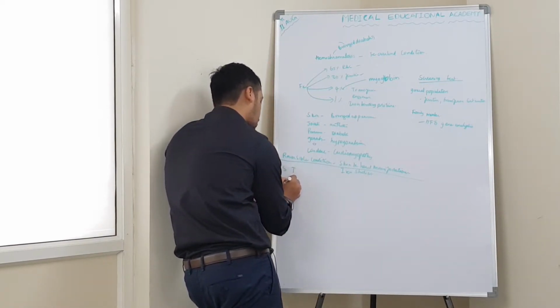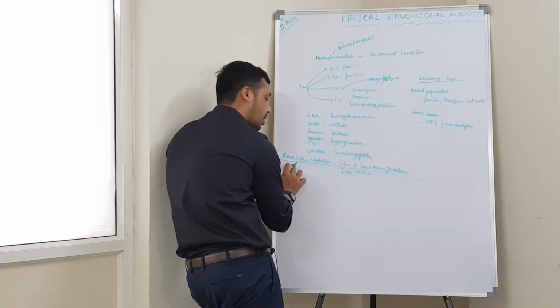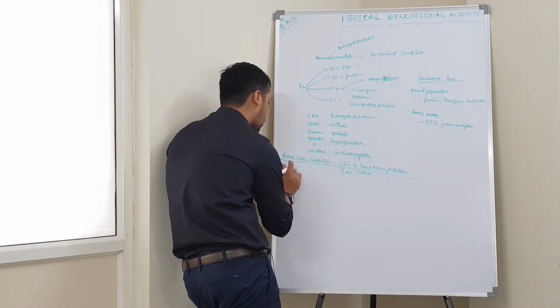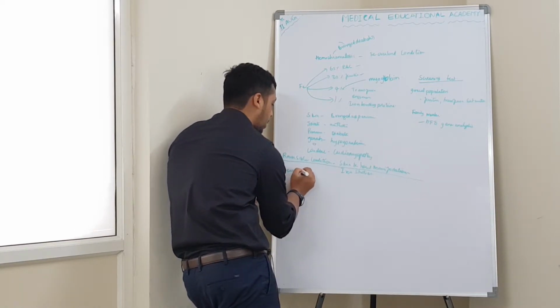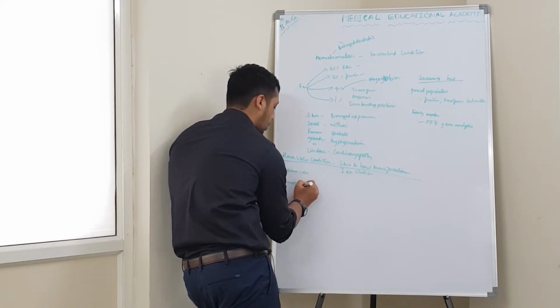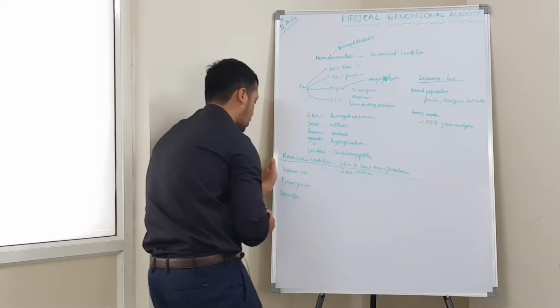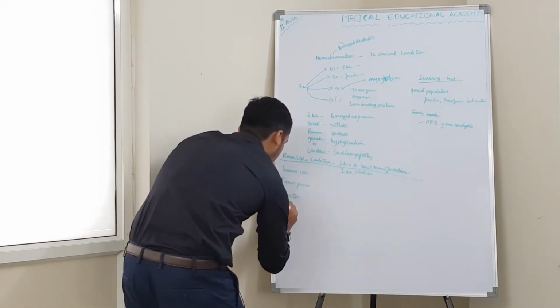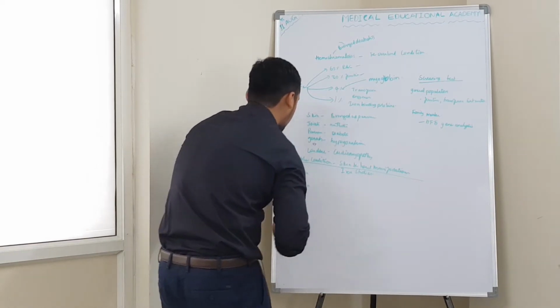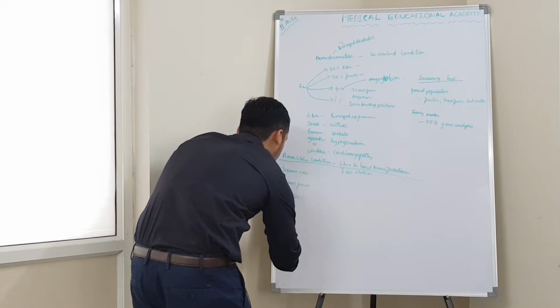So see, we have serum iron, we have transferrin, we have ferritin, and we have transferrin saturation.